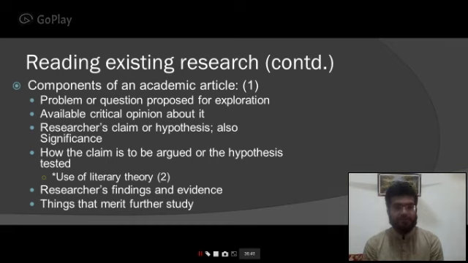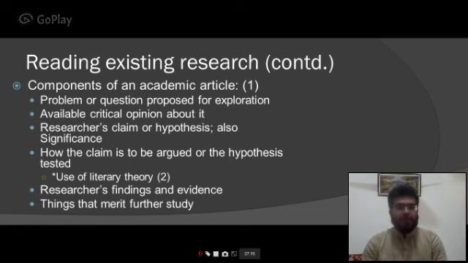The next thing to notice about a research article is the researcher's findings and the evidence he has to support his conclusions and findings. And then in the end he recommends some topics for future research.